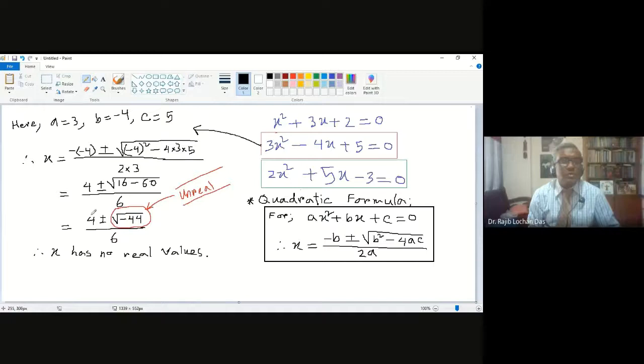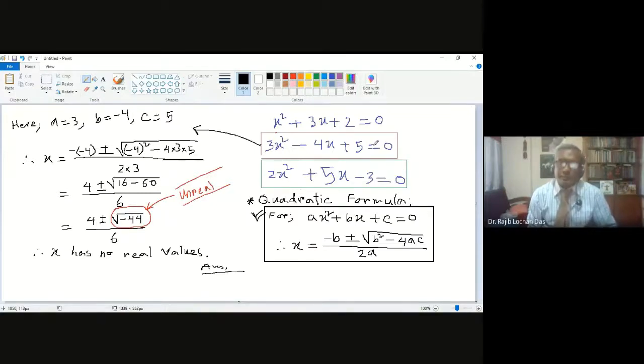You will do the calculation up to this line, and then you will say x has no real values. That's it. It is possible to tell whether it is real or unreal if you use the formula. But middle term factorization is not possible to apply here.